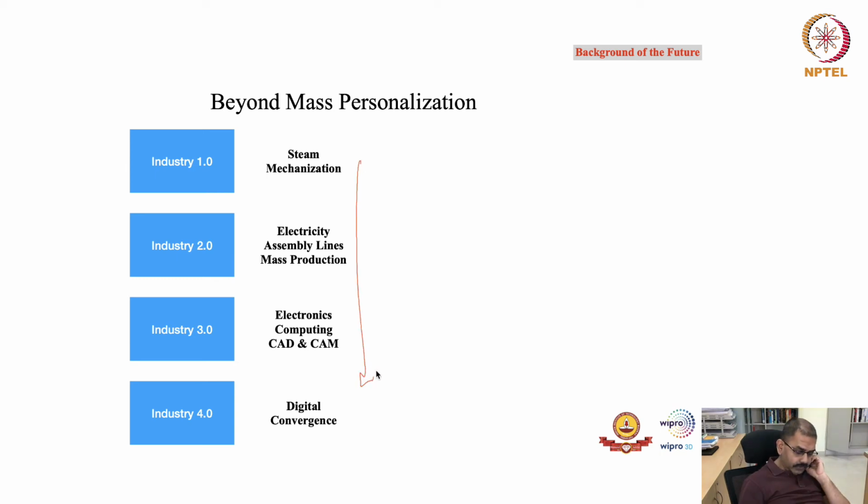And we can say that there would be some general purpose technology which comes along with these different versions of industry, right? So the next, or maybe ongoing, is what we call digital convergence, right? So this could become the general purpose technology, and all the other technologies may merge with it, right?